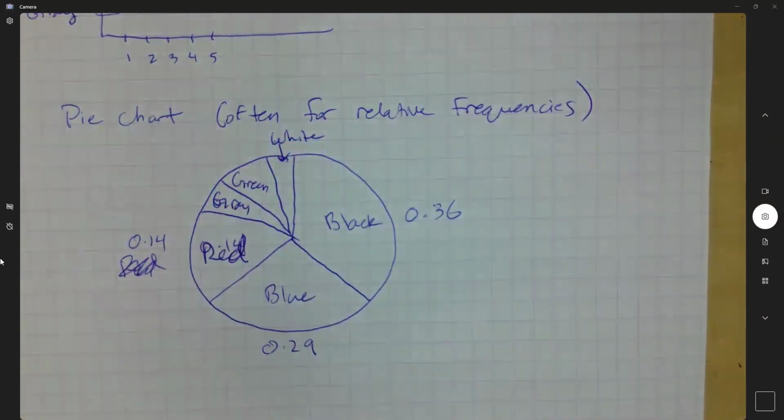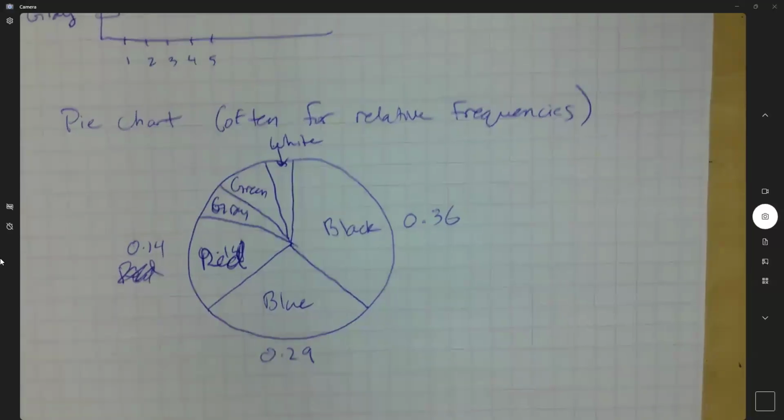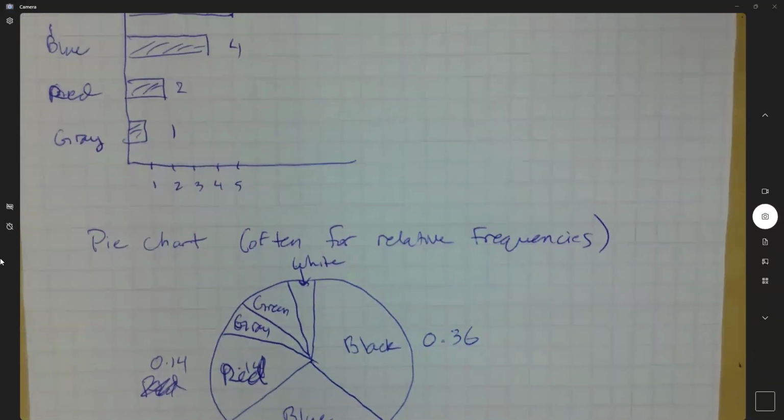And I hope you can see one of the limitations with a pie chart is it can be really hard to get your information in there. And we only had 6 categories. If you have 10 categories and a bunch of them are 1% or less, you got a whole bunch of stuff just stacked up here that's really hard to see.